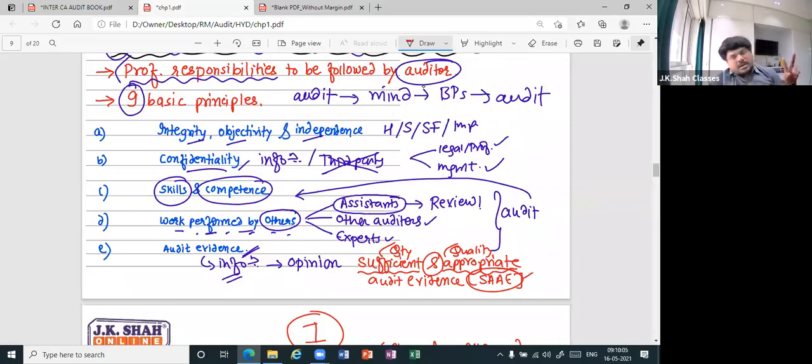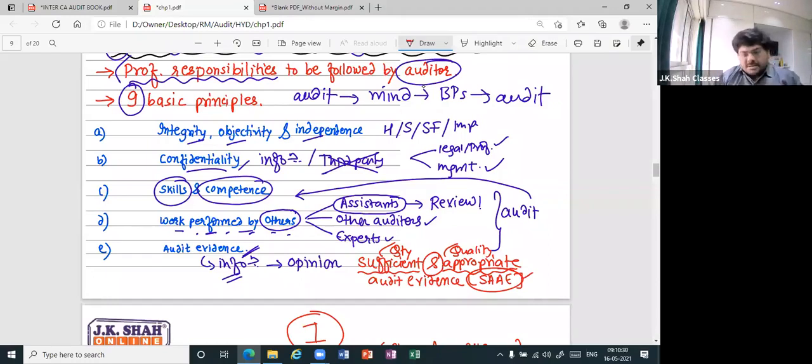He can, under two situations: legal or professional duty, or if there is permission of the management. Next is skills and competence. Anybody performing audit should have the requisite skills and competence in auditing. Work performed by others: three, assistants, other auditors, experts. Should the auditor blindly depend upon the assistants' work? No, he should review, because if that goes wrong, he is responsible.